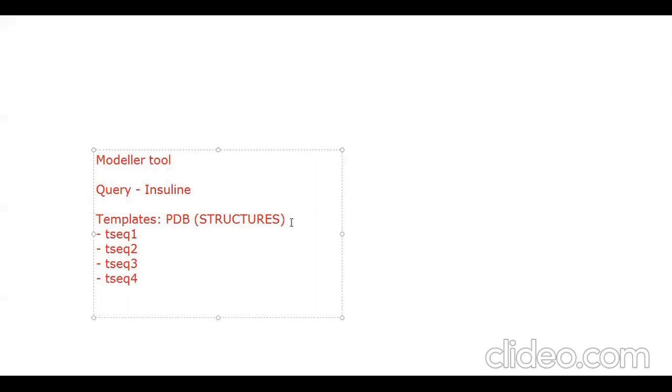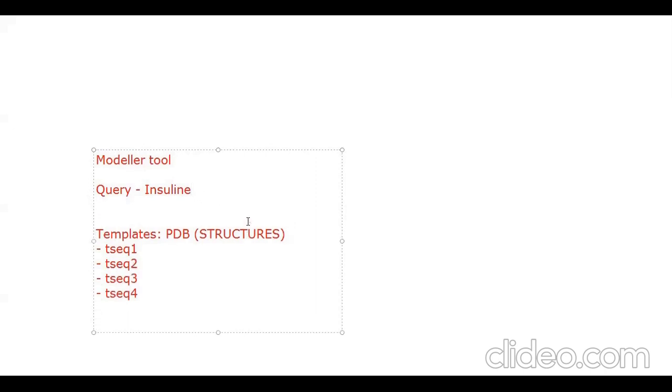They use these 4 templates. And what is the query sequence with them? They call that query sequence 1. So this is the query sequence, and these 4 are the template sequences.